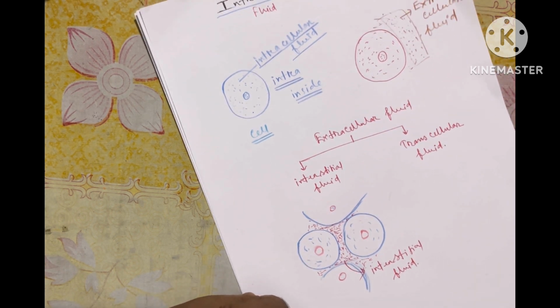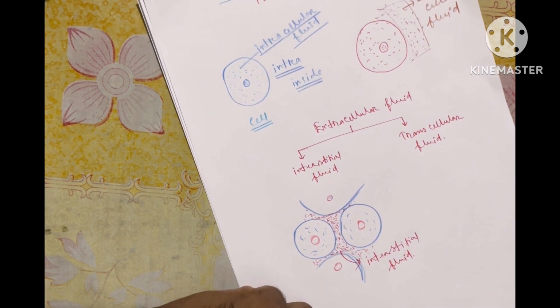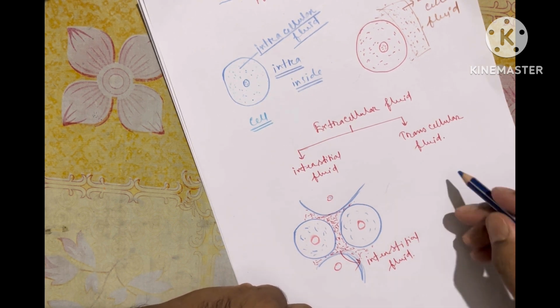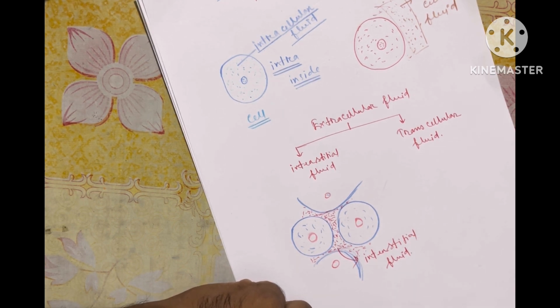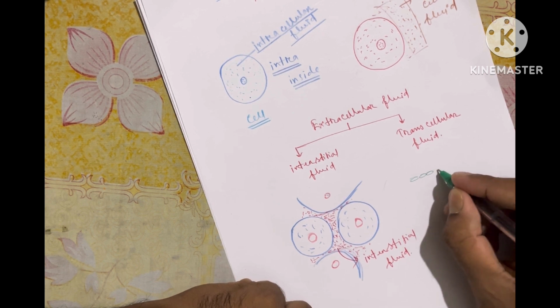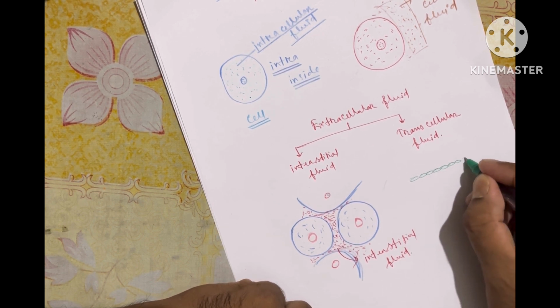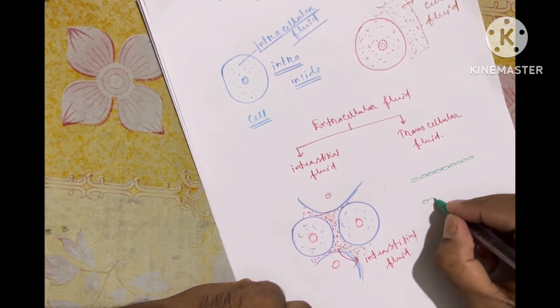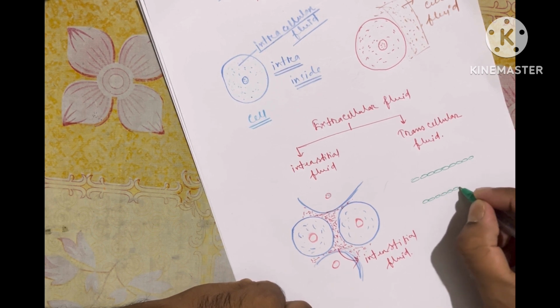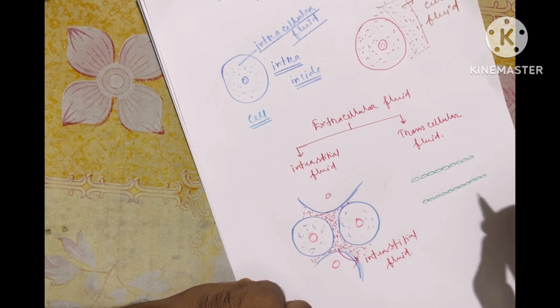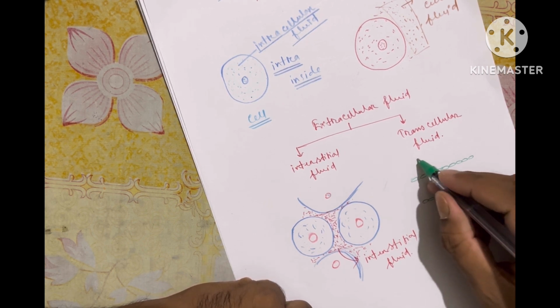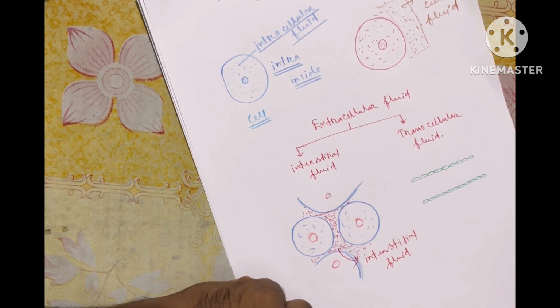Then what is transcellular fluid? Transcellular fluid is that fluid which is covered by some kind of epithelial membrane. For example, this is an epithelial membrane, which is away from blood plasma.